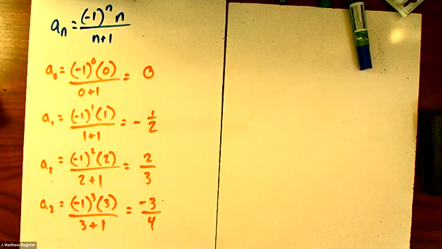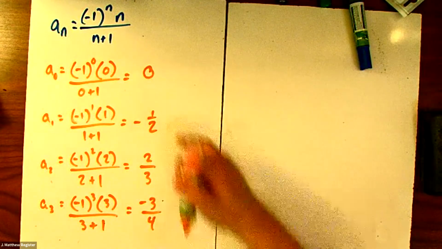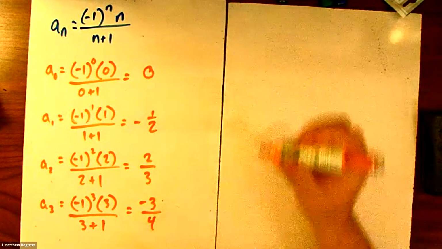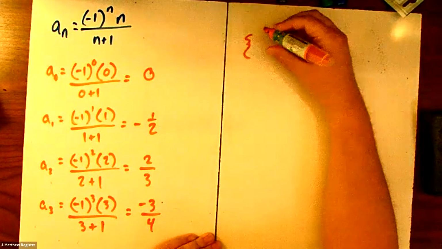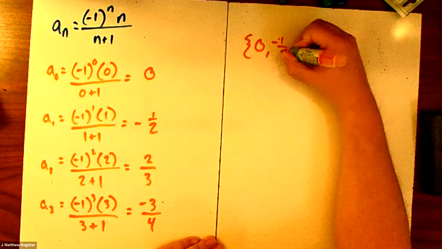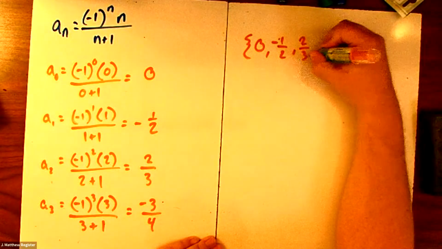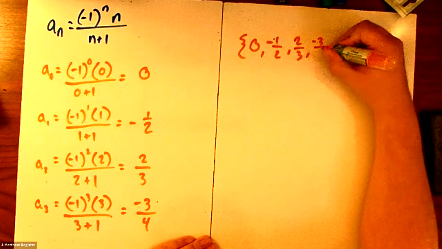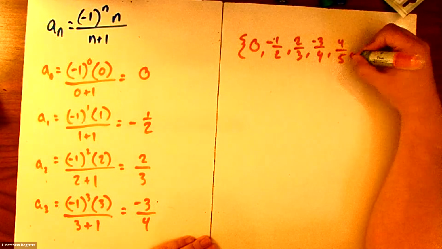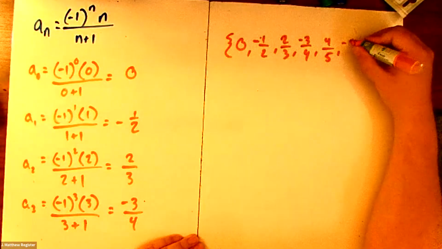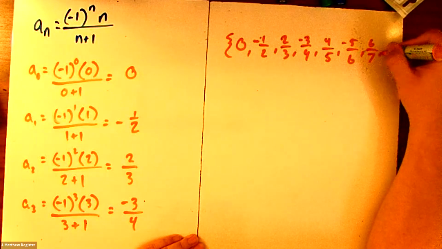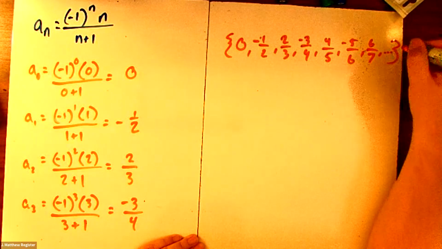And at this point, you should be able to see what the pattern is. And so we could write it like this, one element at a time, or we could actually just write the set. And so the set, in this case, would start with 0, then -1/2, then 2/3, then -3/4. Then it would be 4/5 and -5/6 and 6/7, and you get the idea.